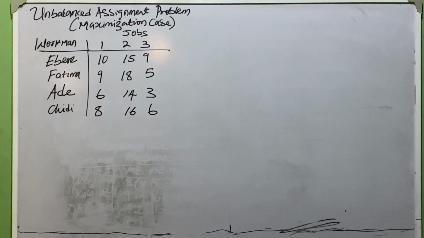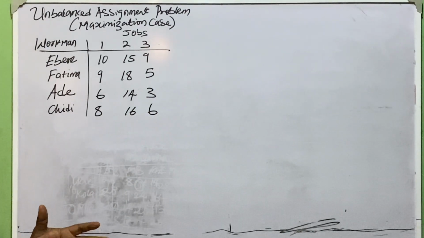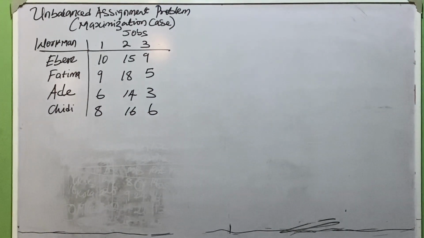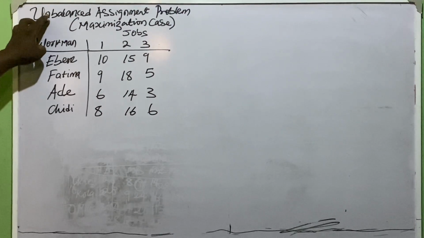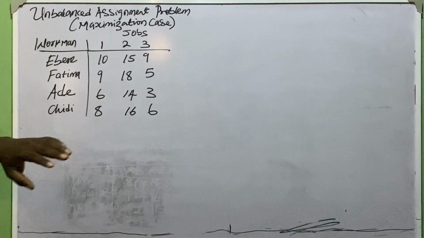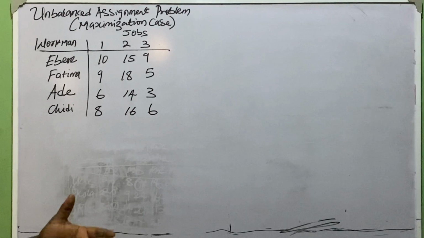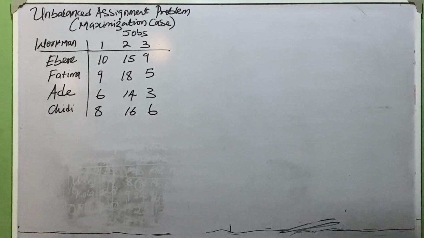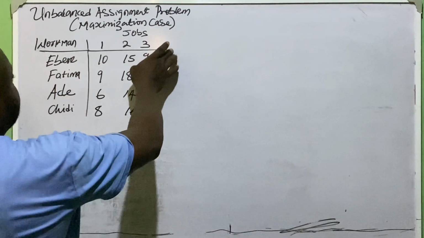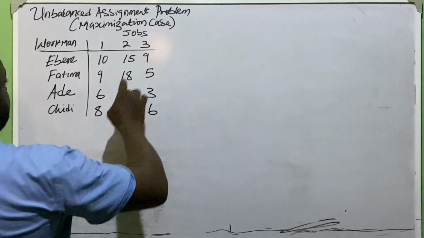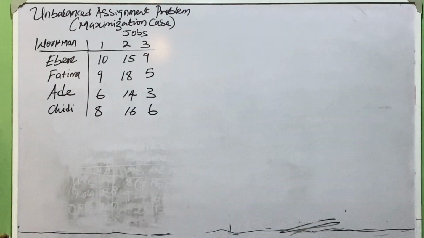In this case, we want to show how to resolve a maximization case where the matrix is unbalanced. So it's a case of having an unbalanced situation, and it's also maximization. The first thing we're going to do is the adjustment part, which is squaring the matrix to ensure that we have a squared matrix.